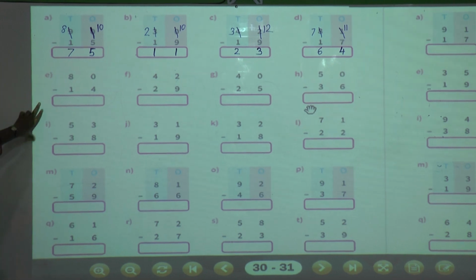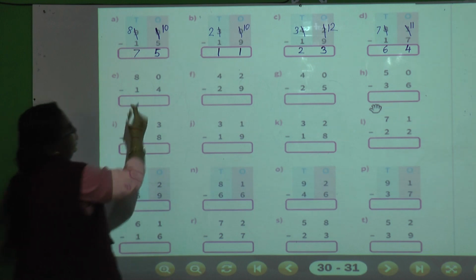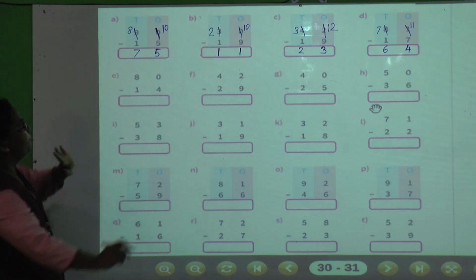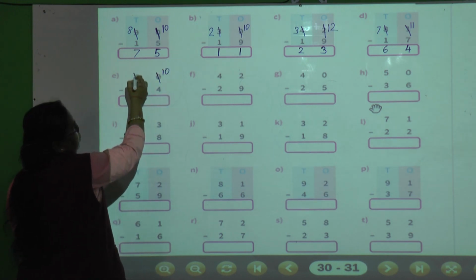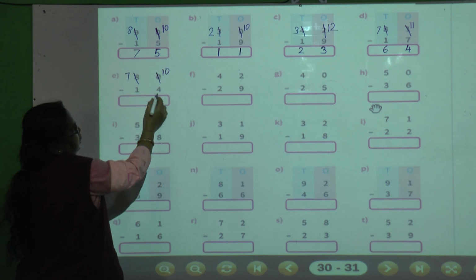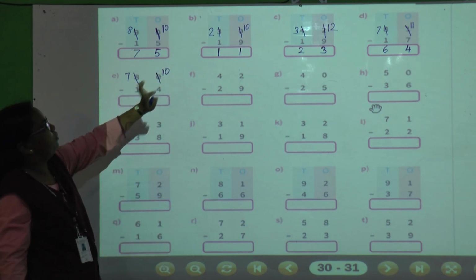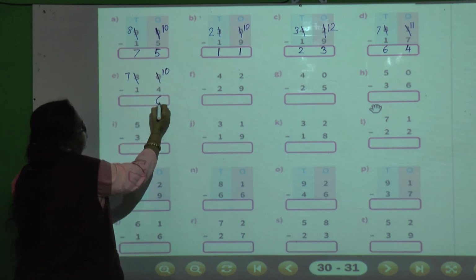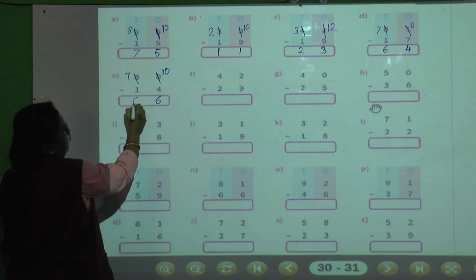Solve it with me only in the book itself. Then next is 10, 8 minus 1 and 0 minus 4. 7. Then 10. Now 0, when you give an add, here it will become 10, and 10 minus 4 is 6. 7 minus 1 is 6.